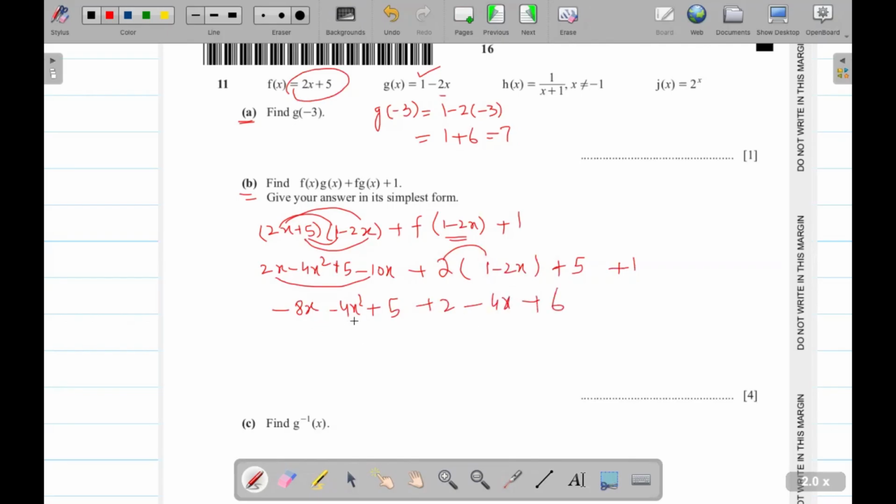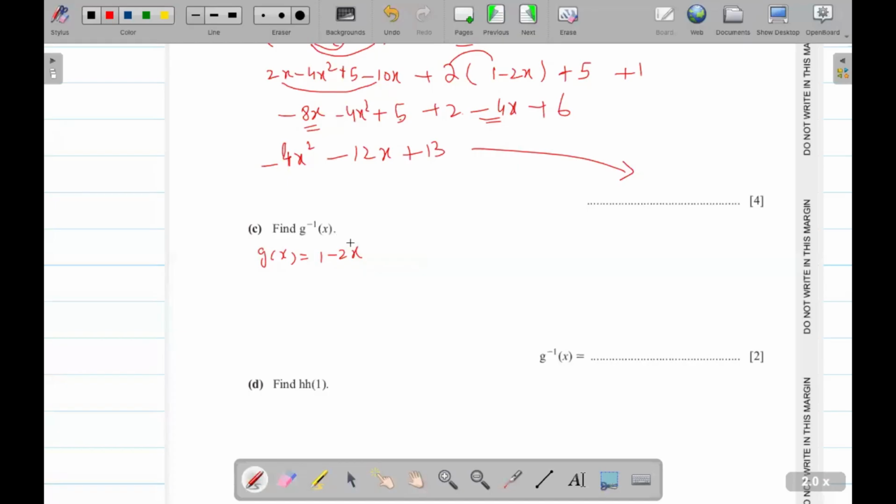We can calculate this. We write minus 4x squared, minus 8x minus 4x, this is minus 12x, and plus 5 plus 2 plus 6, this will be equal to plus 13. We write here plus 13, and this is the solution of part B.